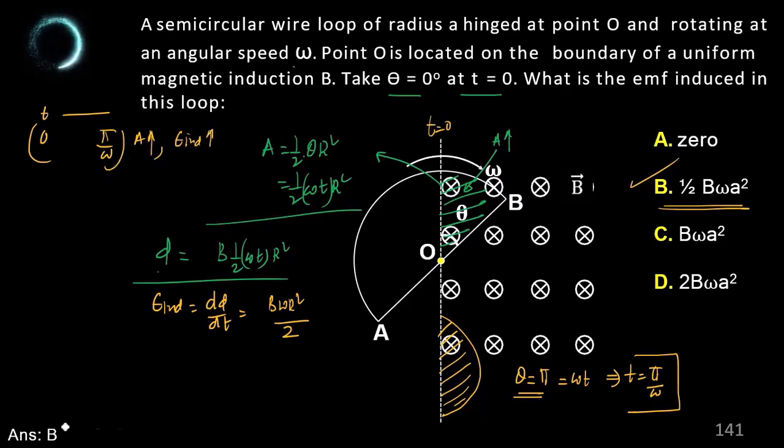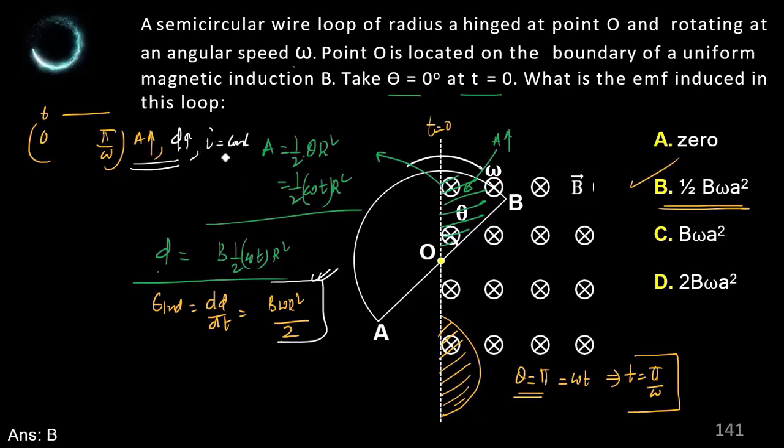Not increase, epsilon induced will remain constant. But phi is also changing, phi will also increase. But since the variation is constant, epsilon induced becomes constant. Correspondingly, the current flowing through this is also constant.